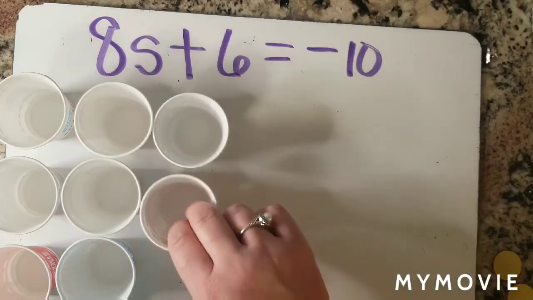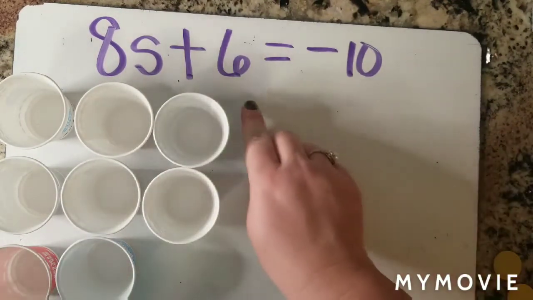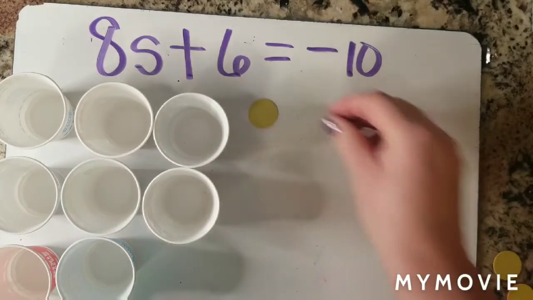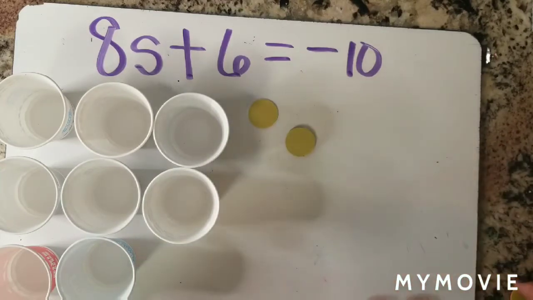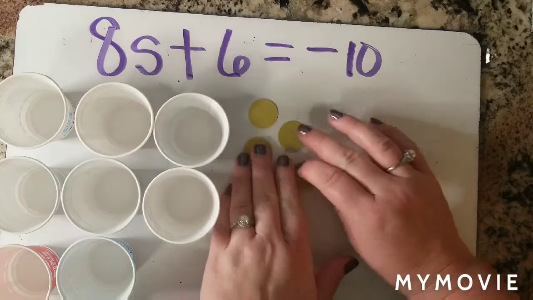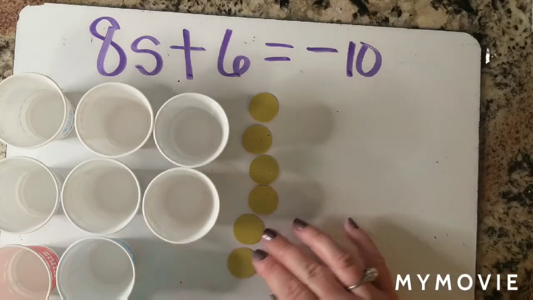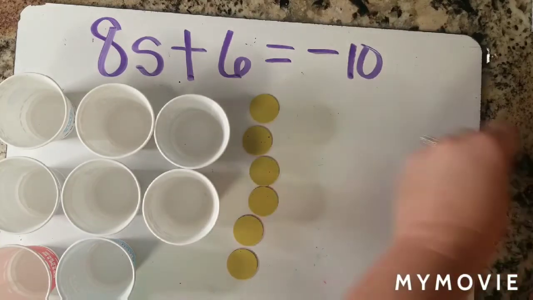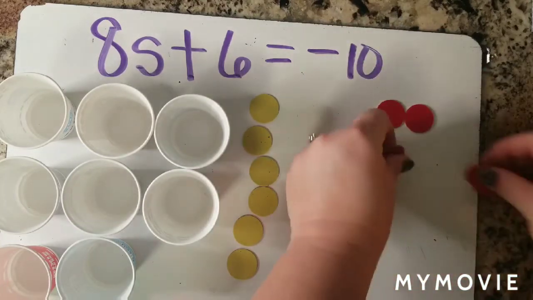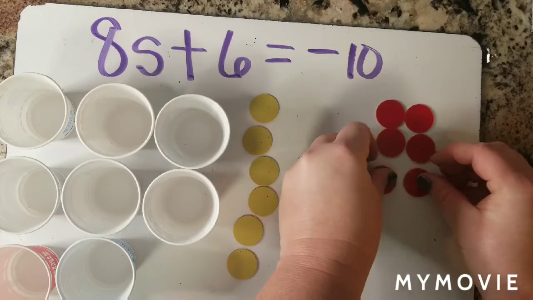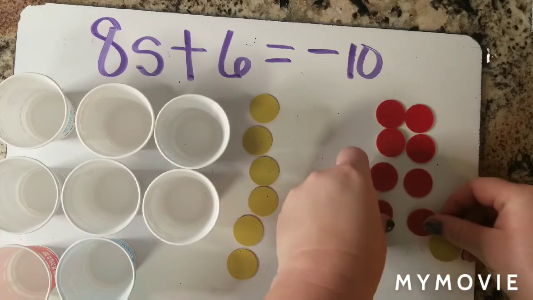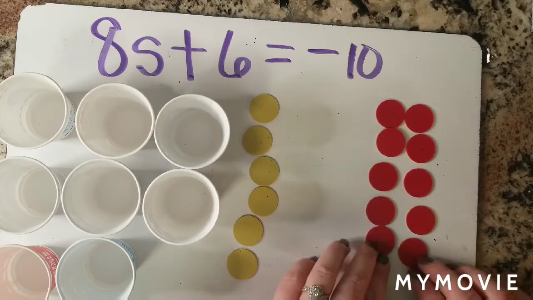So we have 8 cups. We need positive 6. And we need negative 10. 2, 4, 6, 8, 10.